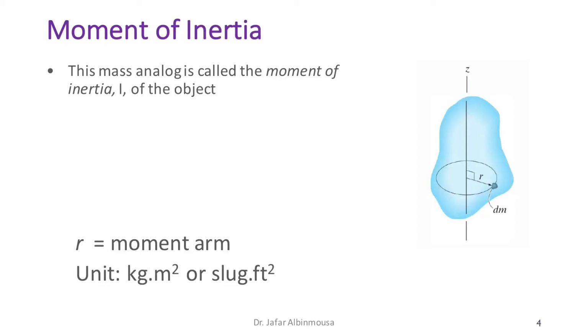So as we said, the mass analog is called the moment of inertia, I, of an object.